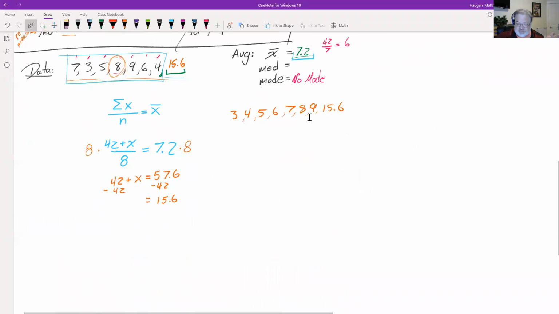This is now an even number of values. We don't have a single number in the middle. We essentially have these two trying to make up that middle spot. Fair? If we want one number for a middle that's going to break this in half, it's going to happen between those two. Fair? Any suggestions on how we want to find a value in between those two?